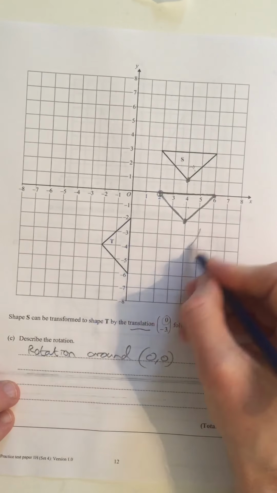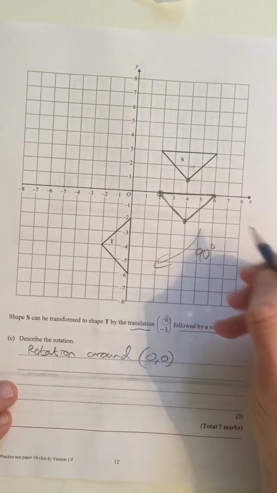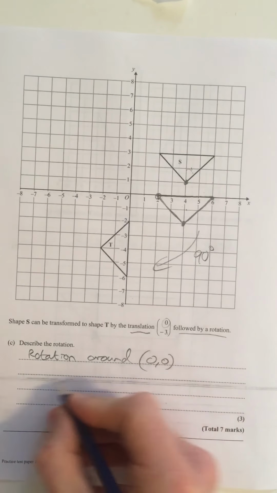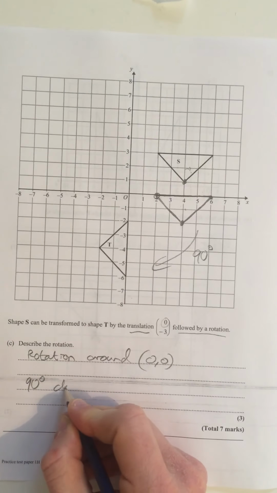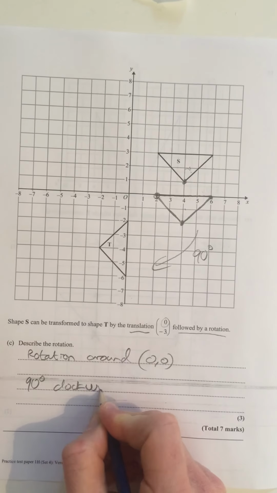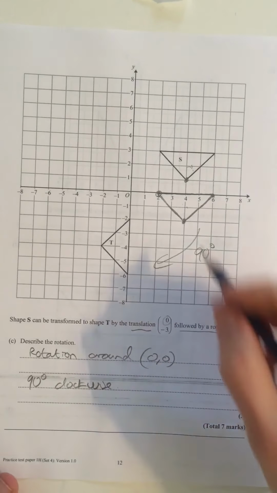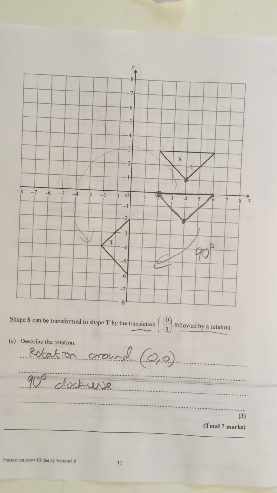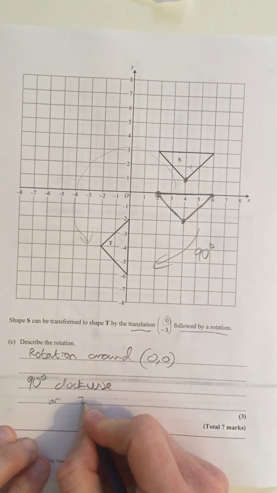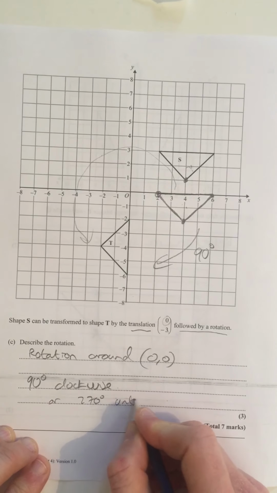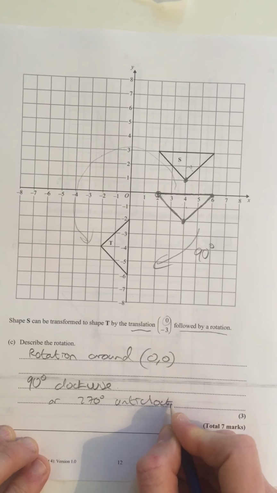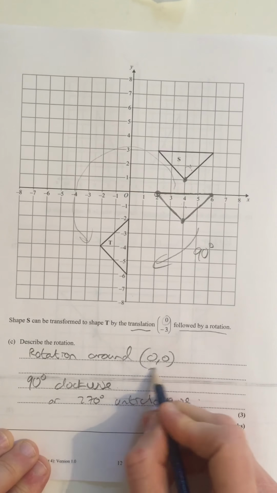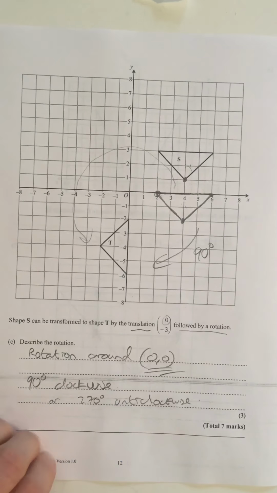And I went 90 degrees, and that's going to be clockwise. You could say 270 degrees anti-clockwise, that would be the same thing. But it's important that you have the centre there and one of those 2 pieces of information.